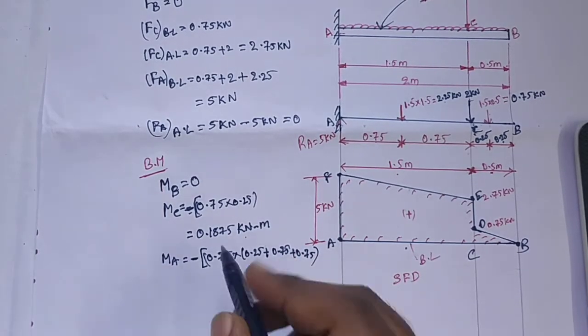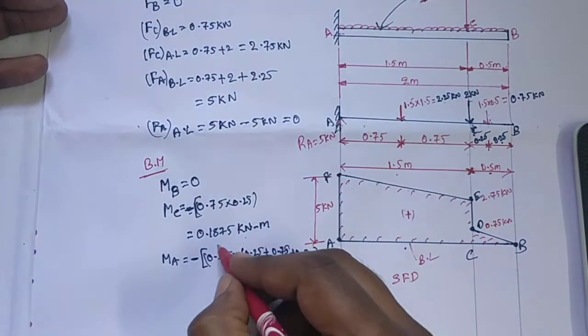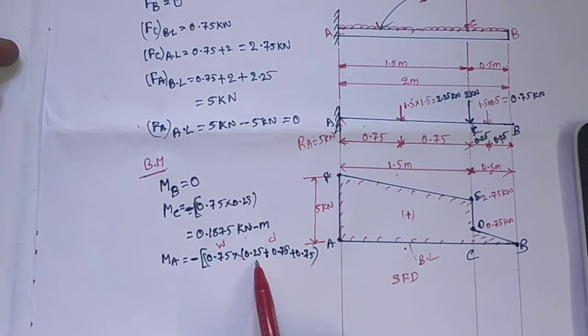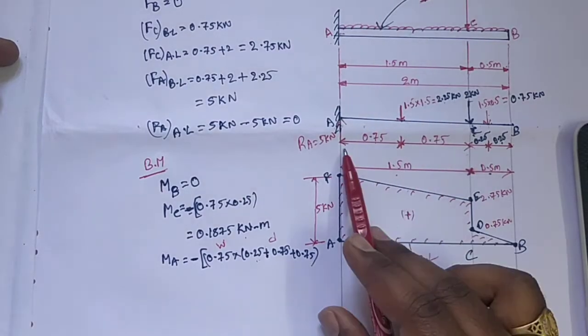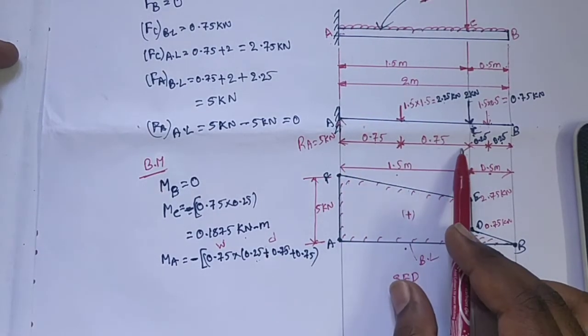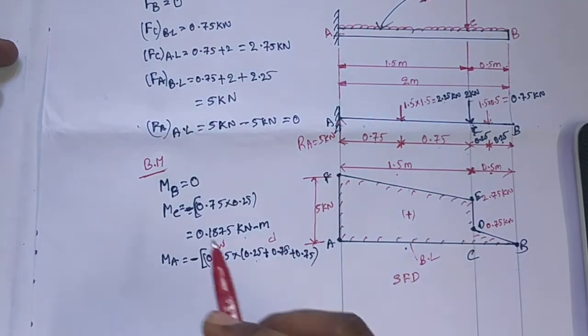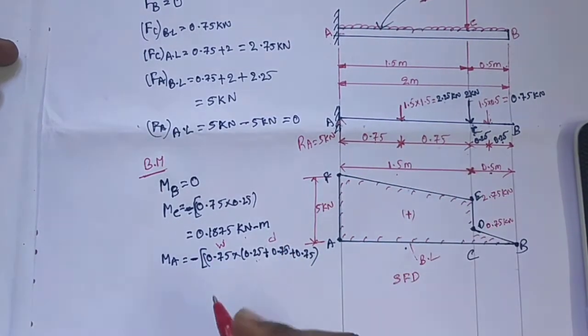It is the load, and it is the distance. Total distance from this point to this point is 1.75. Okay, like that we have to add. Similarly the second load is 2 kilonewtons.